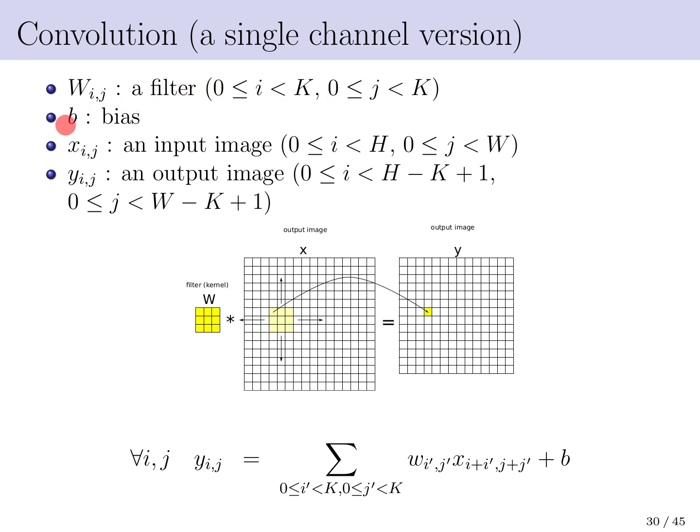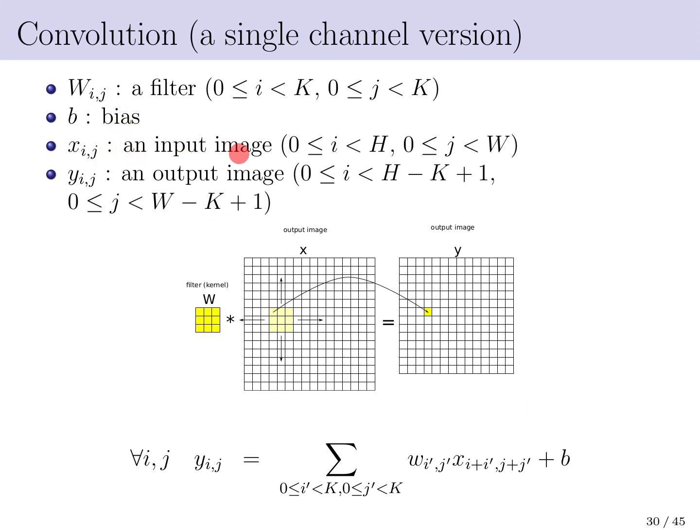And the actual implementation of a convolution layer takes another weight called the bias, which is simply added to each output pixel.